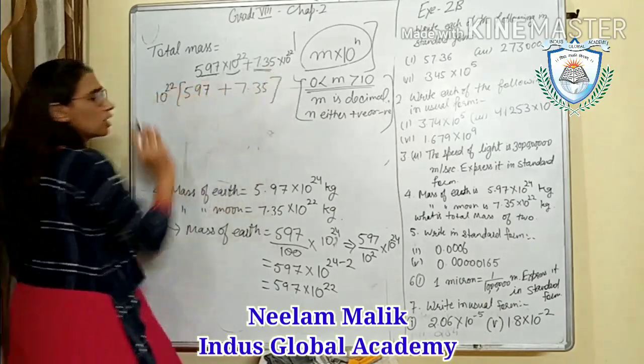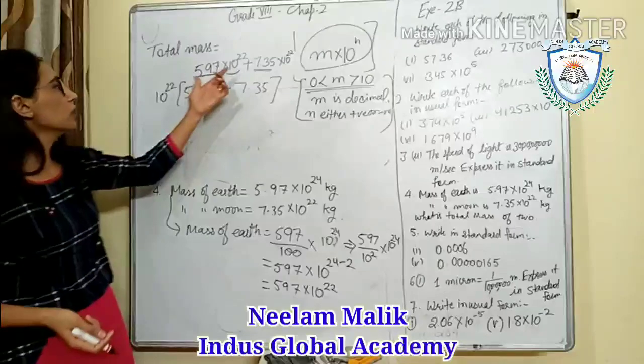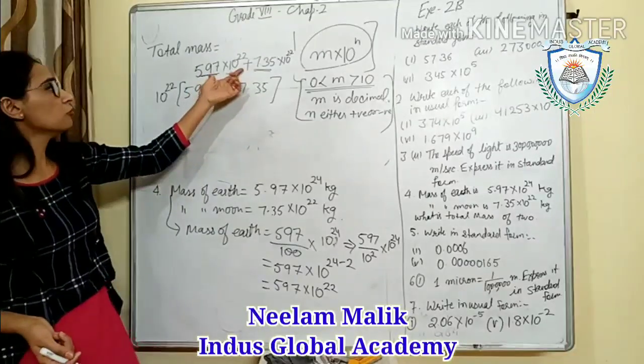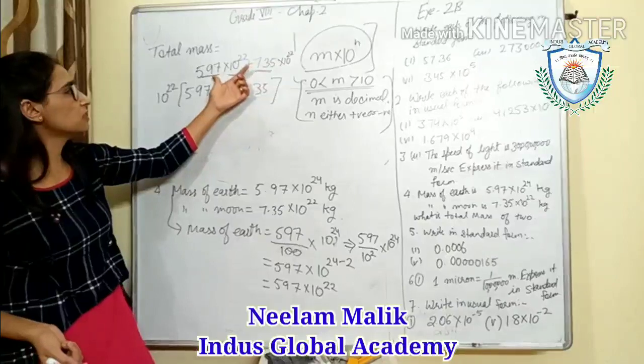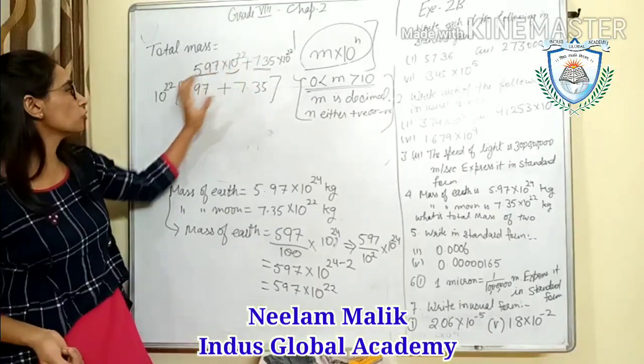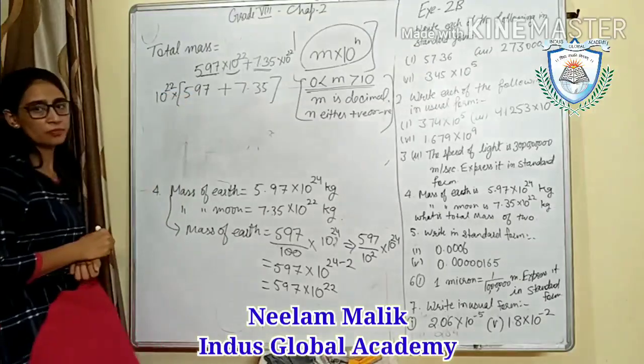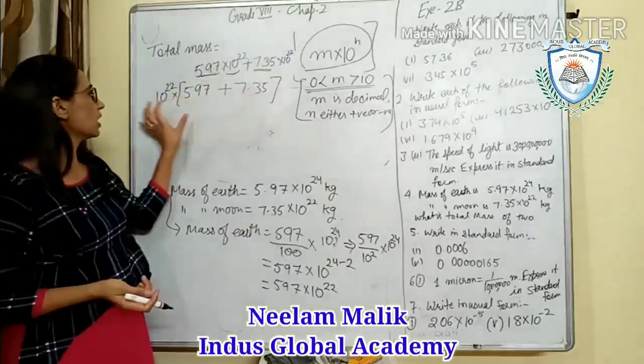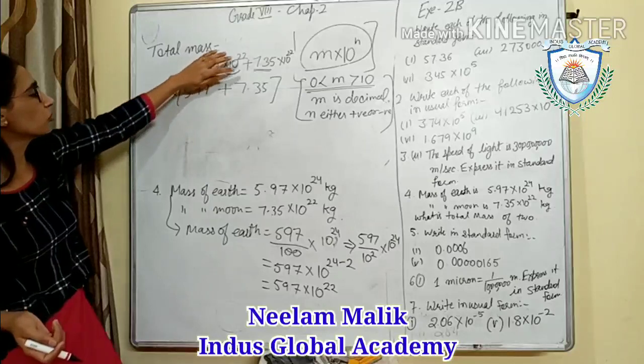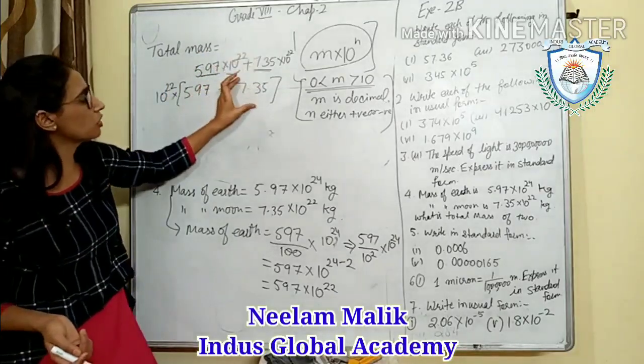If anything is repeated in both numbers in multiplication, we can take that outside. I have taken that outside, so from each number only this is left.